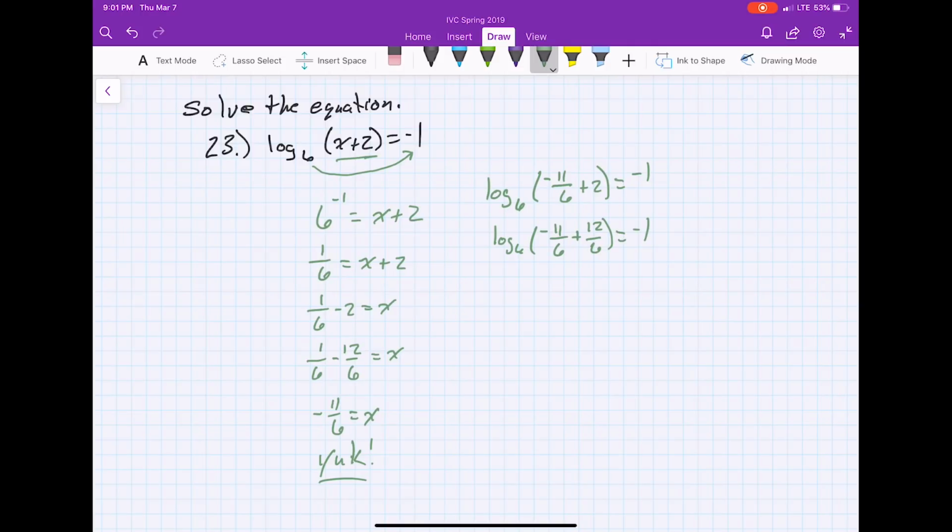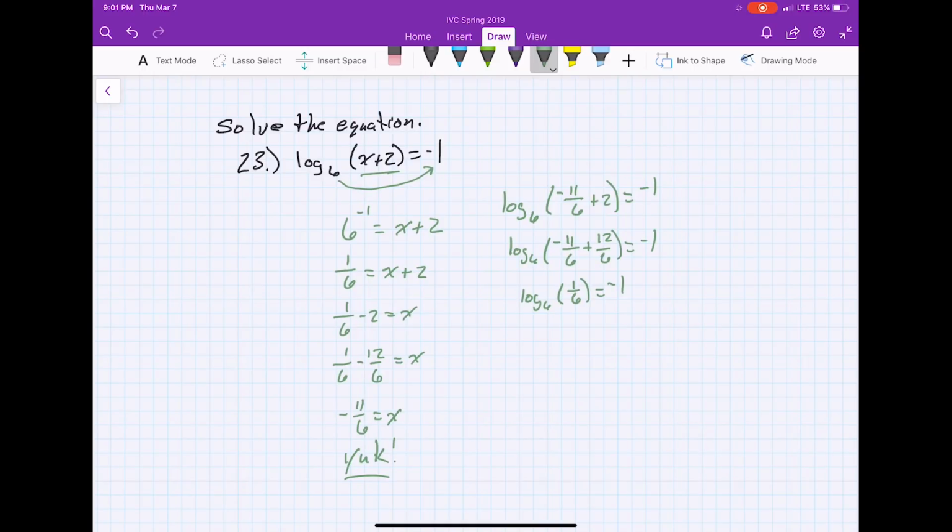So, of course, log base 6, and the inside here is going to end up equaling 1/6, shocker, equals -1. And then that in exponent form is really going to be 6 to the -1.